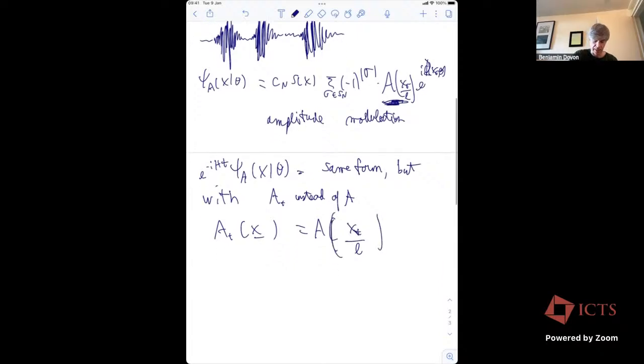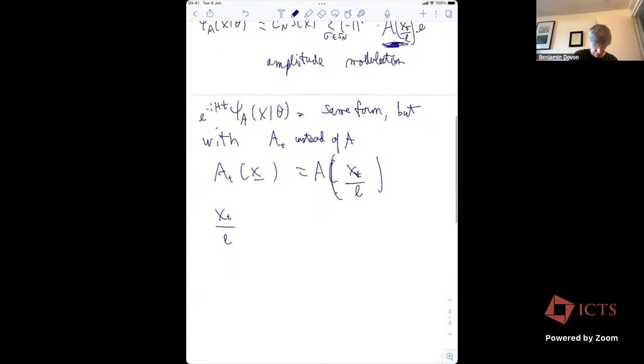And x_t over L is controlled by a certain equation.